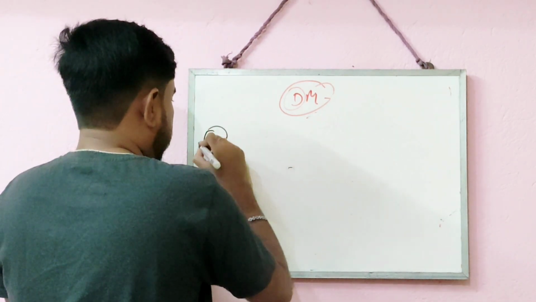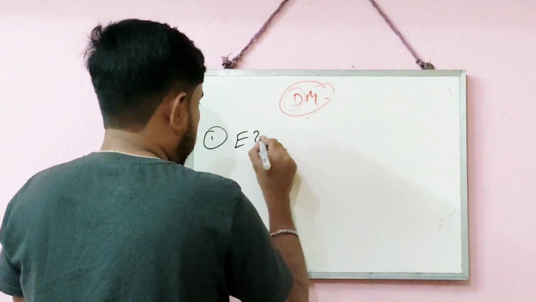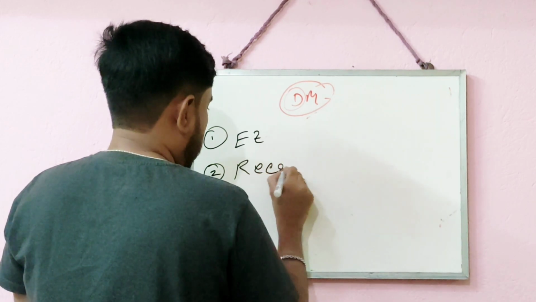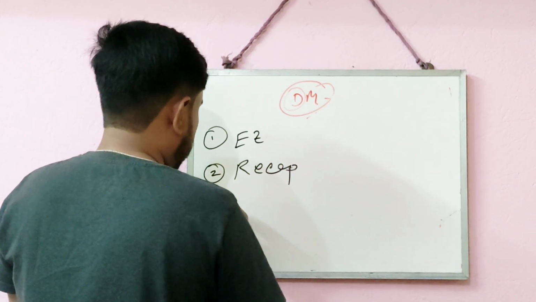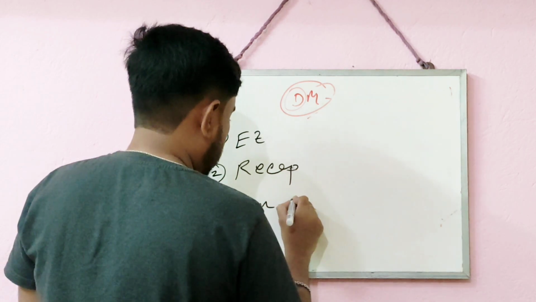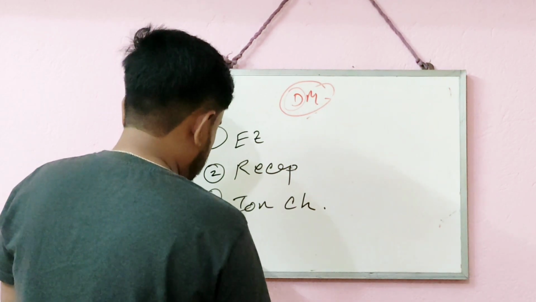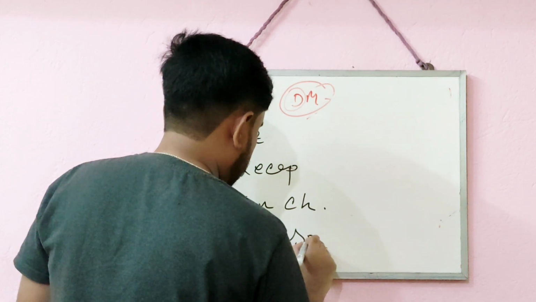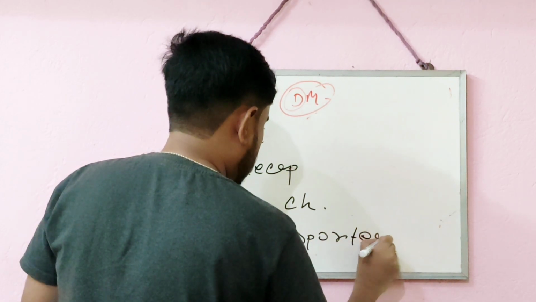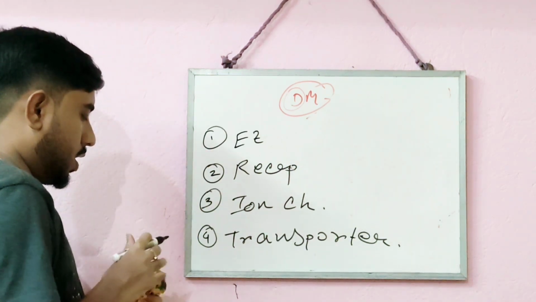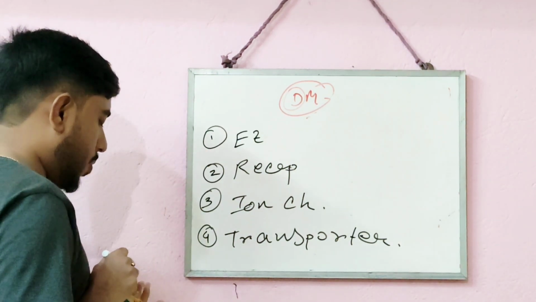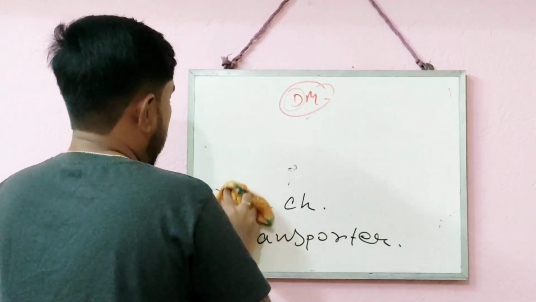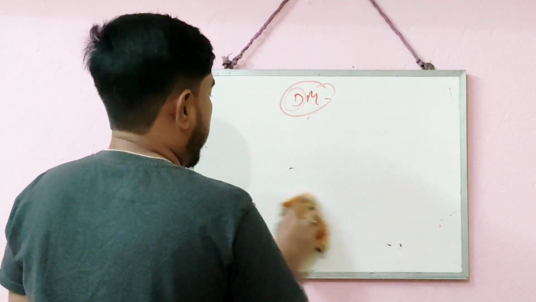They are: first, enzymes; second, receptors; third, ion channels; and fourth, transporters. We will discuss one by one how these components of our body help a drug bind at a specific part of the site and show its desirable therapeutic effect.